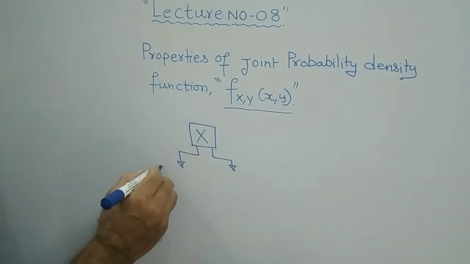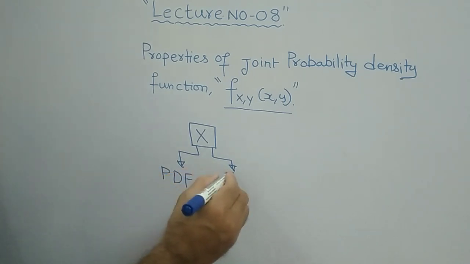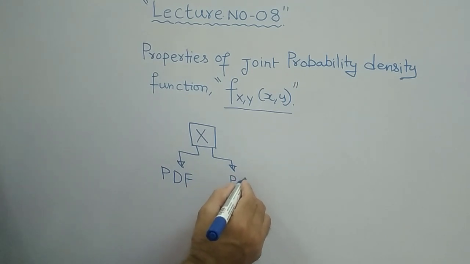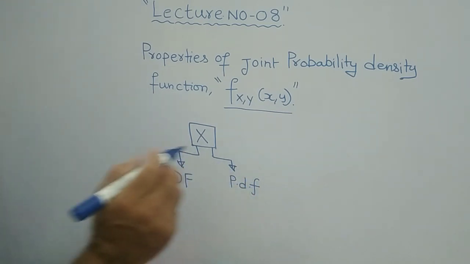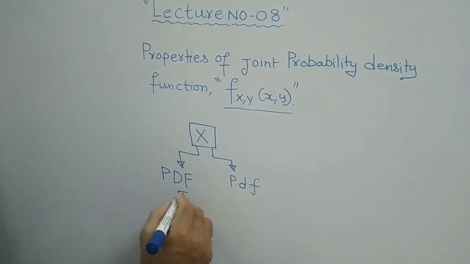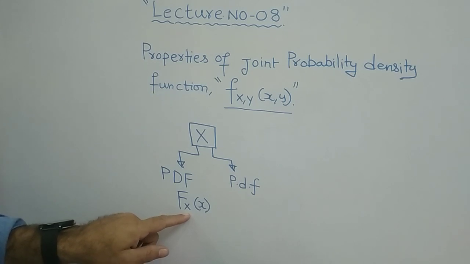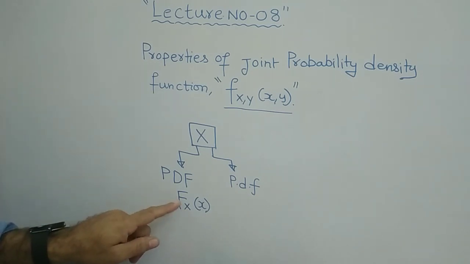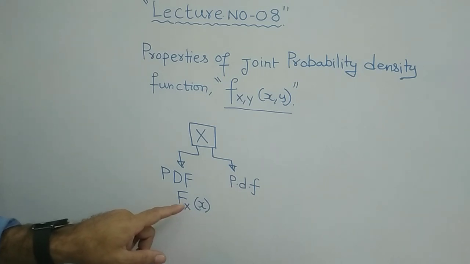One is the capital PDF, meaning probability distribution function, and the second is the probability density function. There is a lot of difference between the capital PDF and the small PDF. The probability distribution function is capital F sub capital X of small x, the distribution function of random variable X, where small x is the possible outcome value of random variable X.